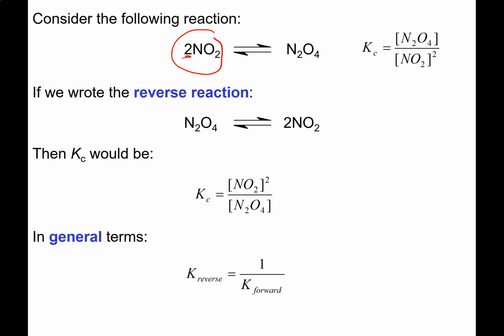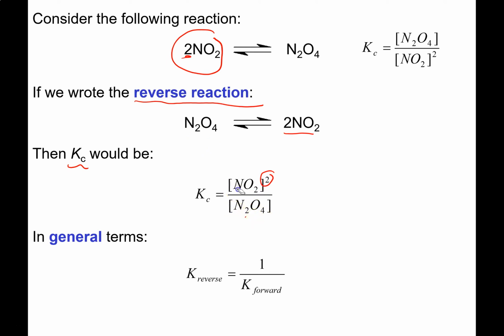Now, if I was to write the reverse reaction for this reaction here, we would have 1 mole of N2O4 in equilibrium with 2 moles of NO2. It would be a decomposition reaction. So again, I can write the concentration equilibrium constant. Kc would be, in this case, again, products, so NO2 to the power of 2 over reactants, so over N2O4.